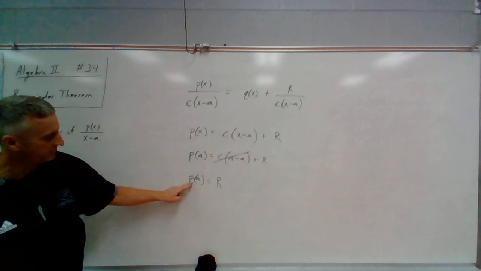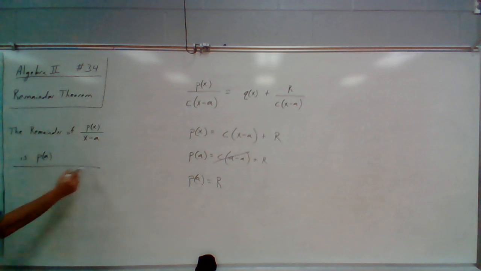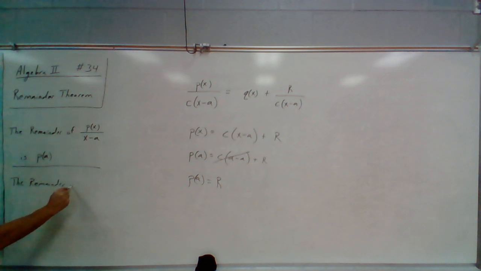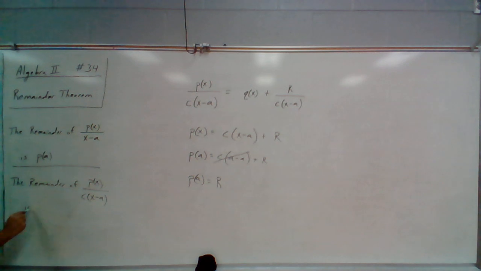The remainder will still be equal to p of a. So we can jazz this up a little bit, and we can say the remainder of a polynomial divided by a constant times x minus a is still p of a.